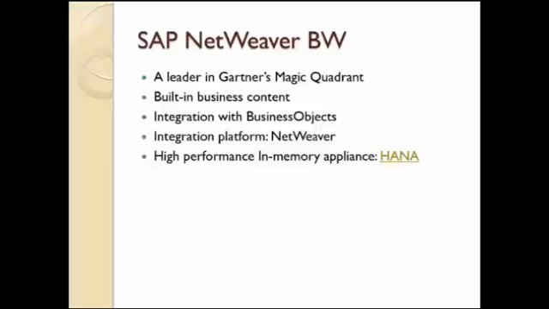And BW is a leader in Gartner's Magic Quadrant for several reasons. Okay, some of them are listed here. One is that it has built-in business content. Business content basically is some predefined or pre-delivered objects that come with BW.